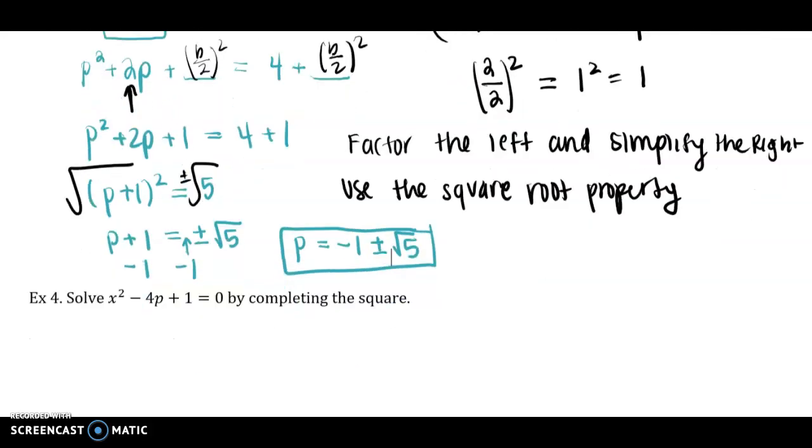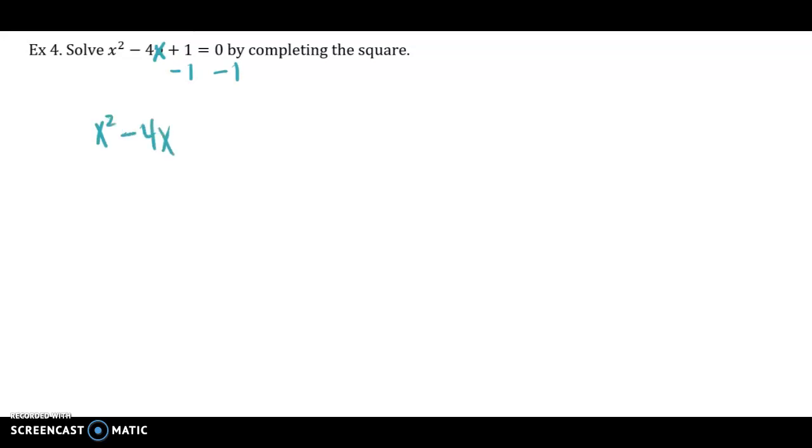All right, so next one, again, we're going to be doing more or less the same process. I like to go ahead and write it out. If you notice, this one has a 1 here, so I want to move that 1 over to the other side. And this should be an x. So x squared minus 4x plus blank equals negative 1 plus blank.